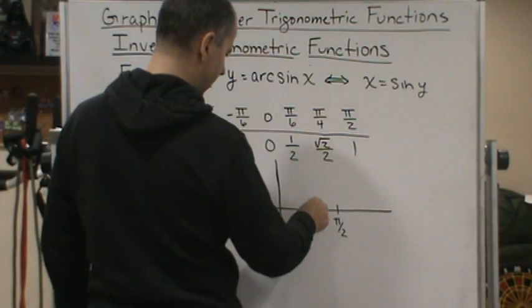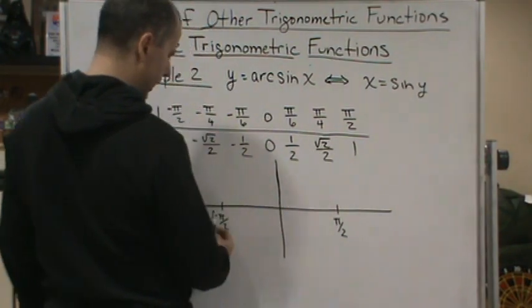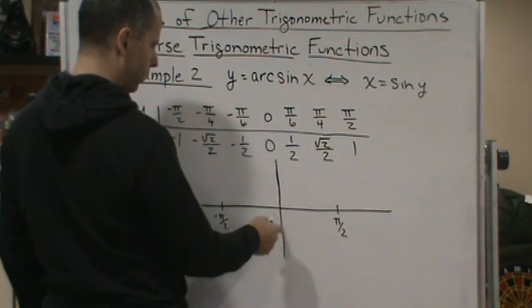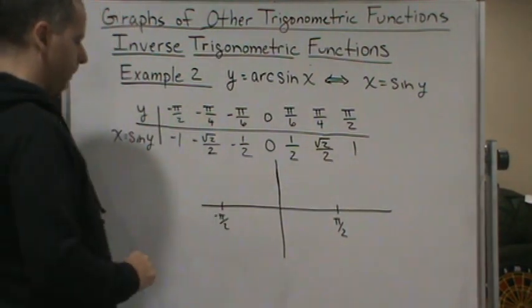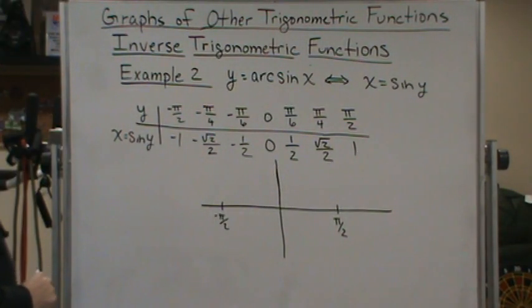So I would, again, plot between negative pi over 2 to positive pi over 2, these angles, and with their corresponding y values, and then connect them and you'll be fine.